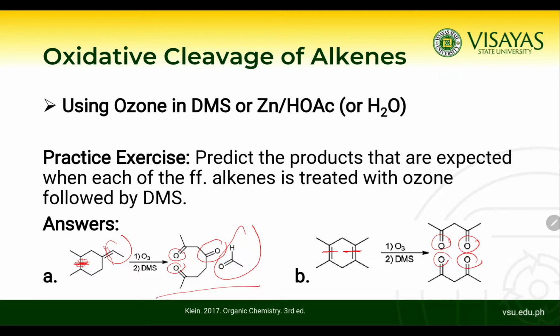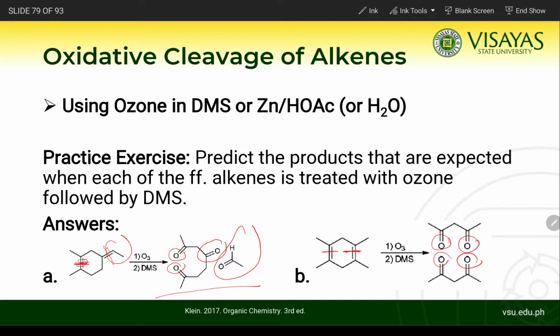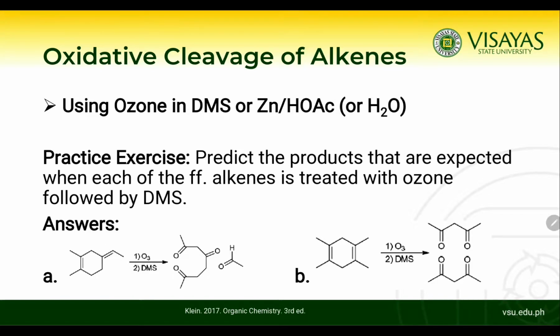By the way, for these examples, let us look at how many substituents are on our carbon-carbon double bond. Here, how many do we have? 1 alkyl, 2, 3 alkyl. So, this is a tetra-substituted double bond. So, here we have, this will be an aldehyde.